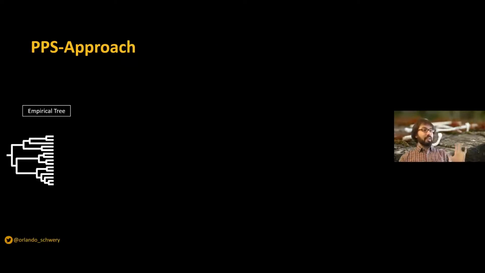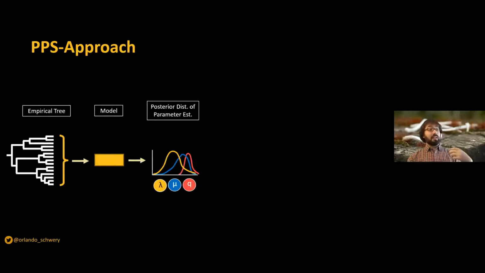So we have an empirical tree that we would like to analyze, and we have a model that models a certain process that we think might be underlying this tree. So what we're doing now is that we are estimating the parameters of that model, of that tree under that model, in a Bayesian way. So we will get a posterior distribution of parameter estimates.